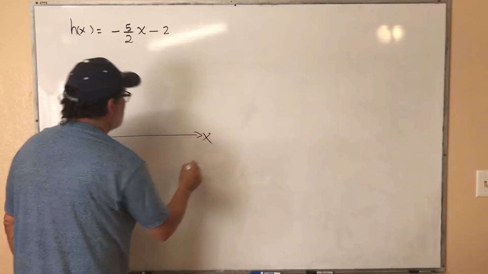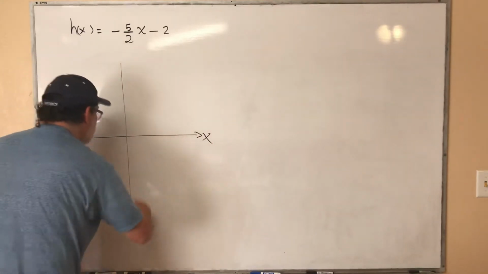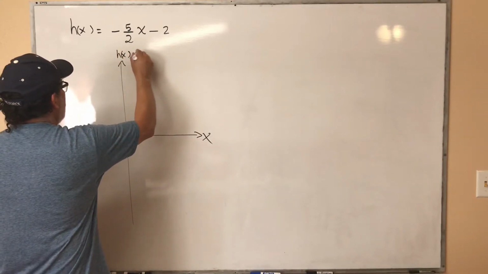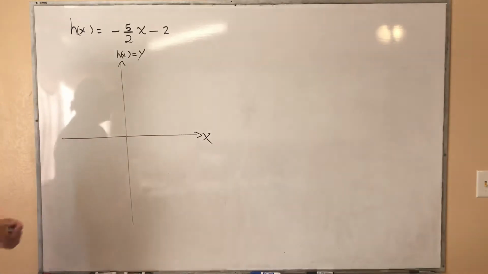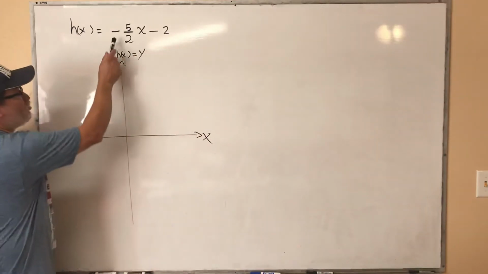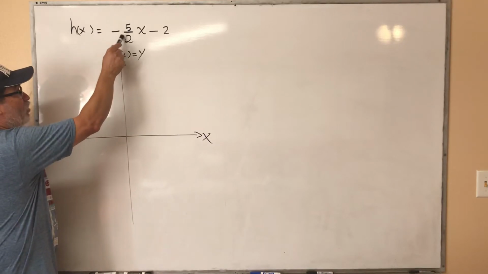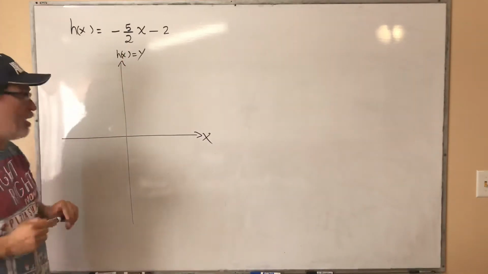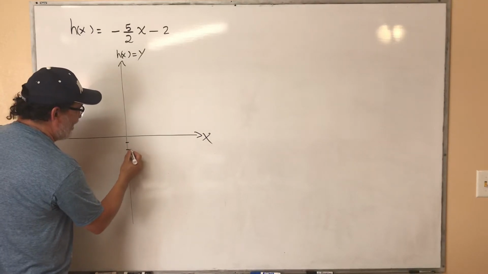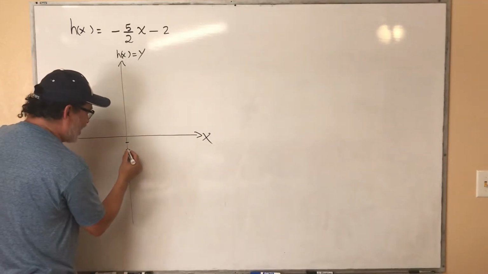Go to the x-axis and go to h of x, which really is the y-axis. Go to -2, and by the way, you need to do something with this negative. You can bring it down or up, not both. So go to -2, -1, -2, and that's the y-intercept.